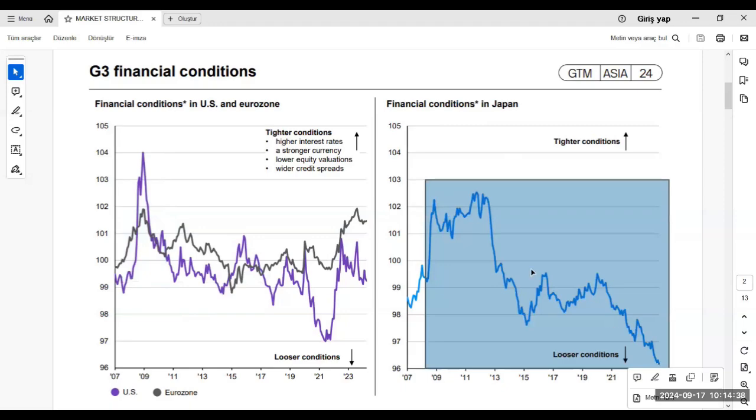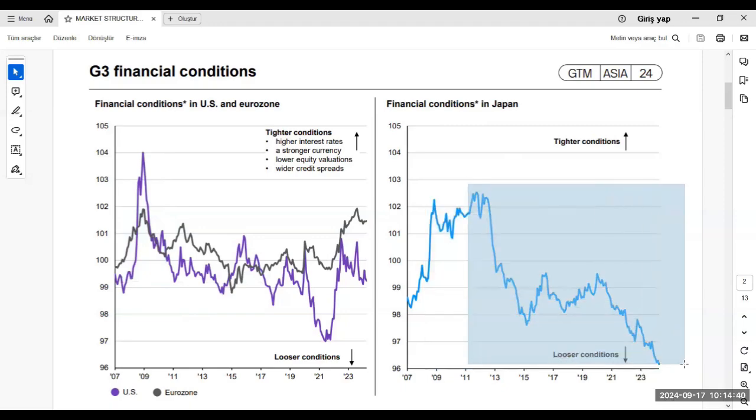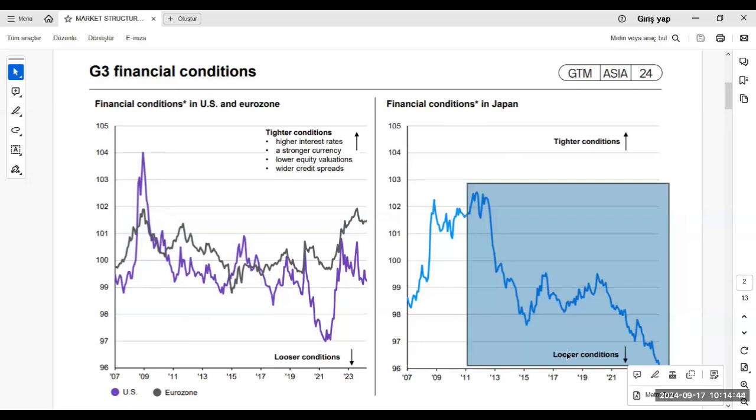Until today, from 2011, approximately 12 years, the financial condition has been loosening in Japan, meaning that the interest rate is decreasing, not tighter, it is looser. So the interest rate is decreasing, with depreciation in the Japanese yen and a huge valuation in equity and a really, really tighter credit spread because there is huge liquidity in the market.